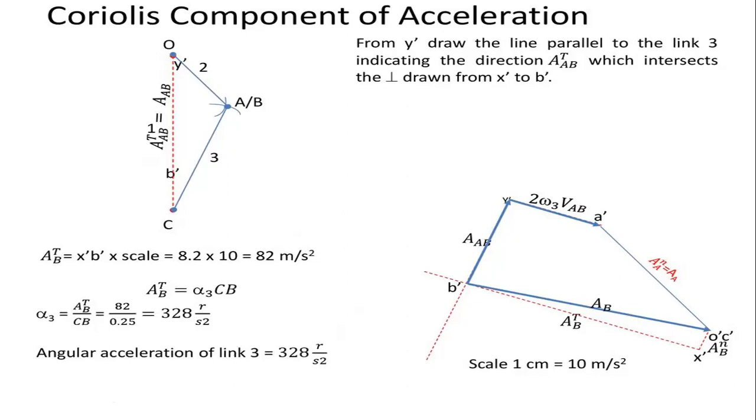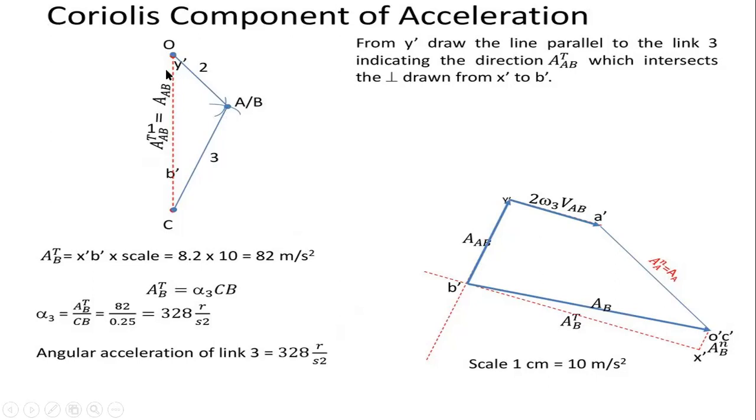Now we are going to scale the components, that is the tangential acceleration of B and the angular acceleration of the third link. So from the y dash line, draw a line parallel to link 3.